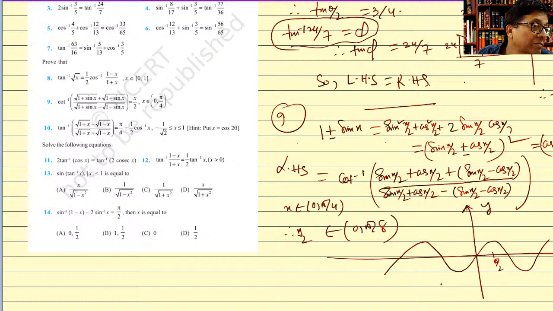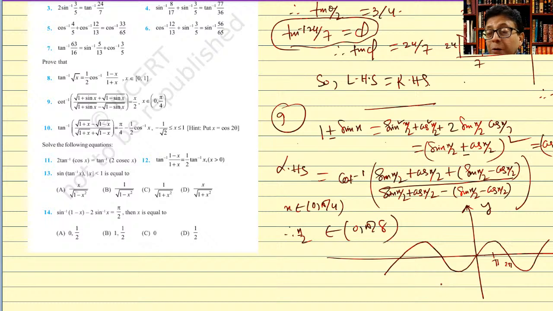Check once, the cos x by 2 graph we have to draw. This will be pi, and this will be 2 pi, because x by 2 will be pi by 2 then. I have taken x.